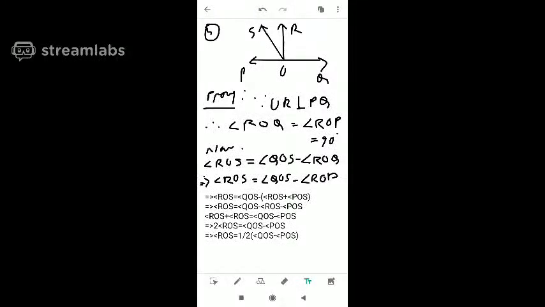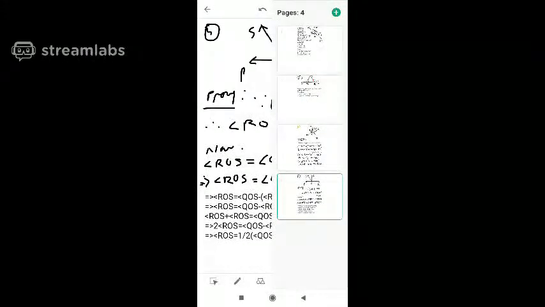Now question number 6. The diagram is not given, so we have to draw the diagram by ourselves.